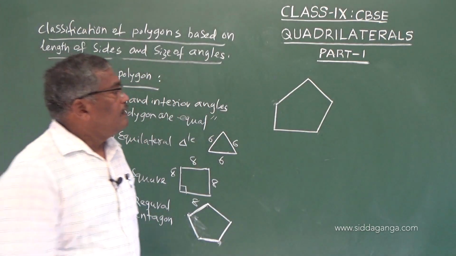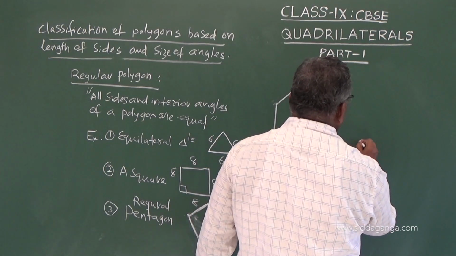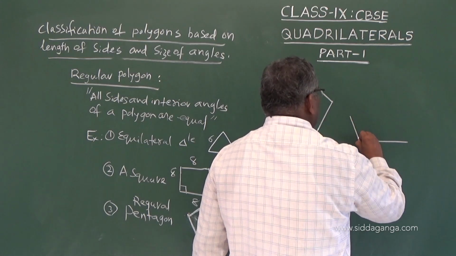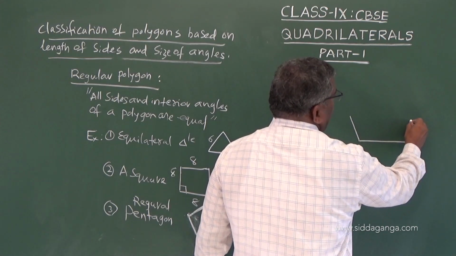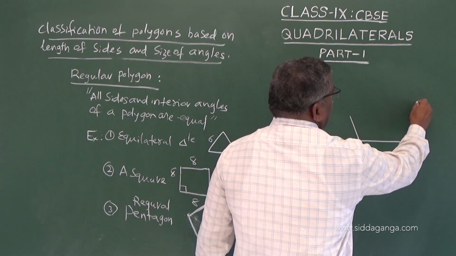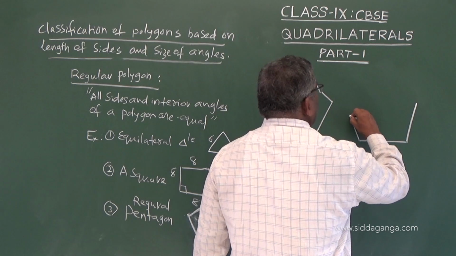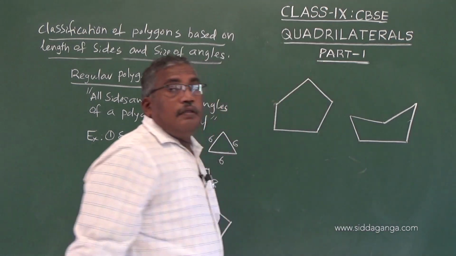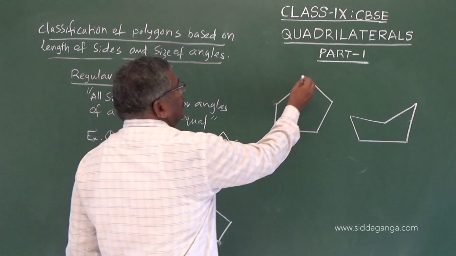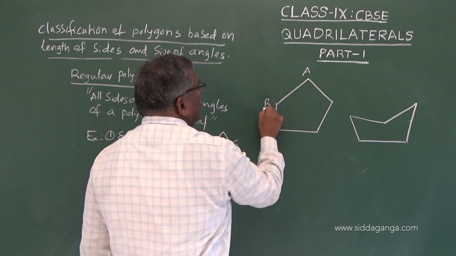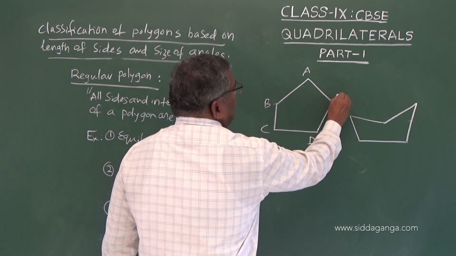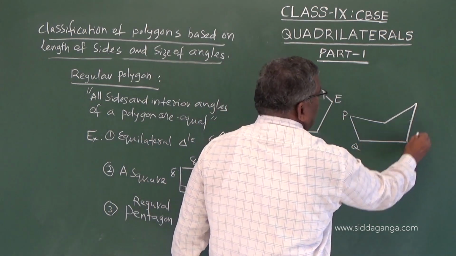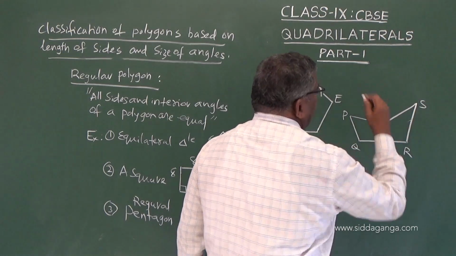Now you observe another figure wherein we have this kind of arrangement. Now you keenly observe these two. I will call this A, B, C, D, E, and this P, Q, R, S, T.